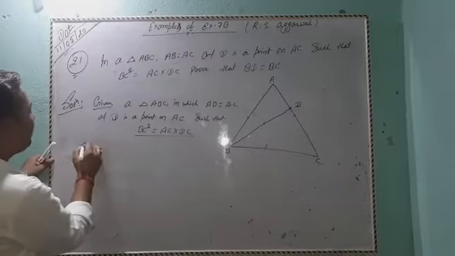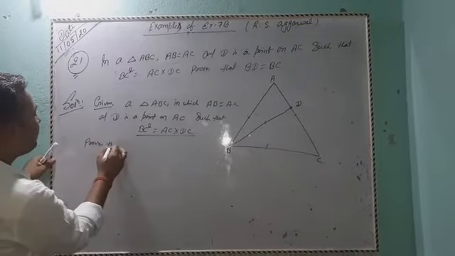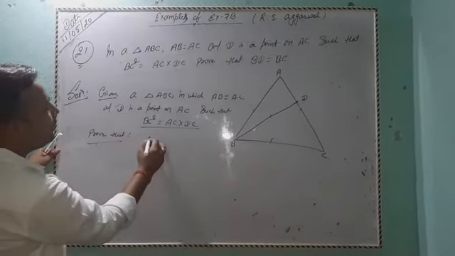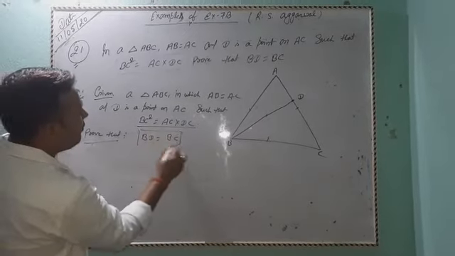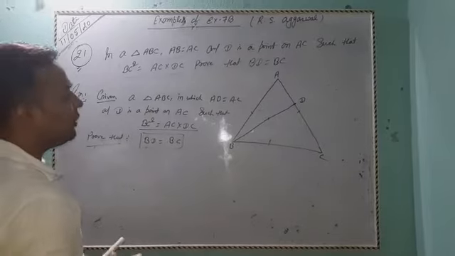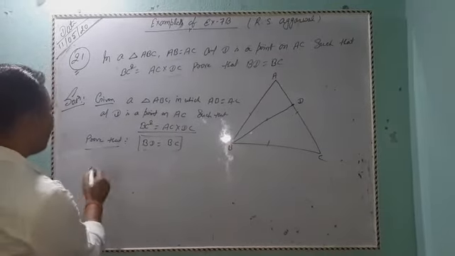Then prove that BD equals BC. Now let's start the proof.